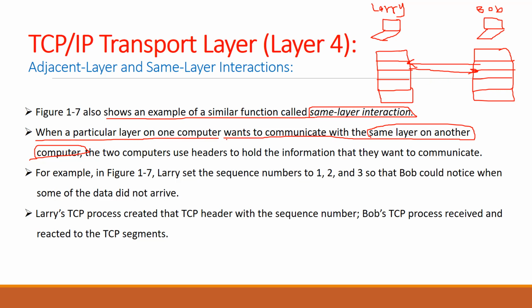So same layer interaction occurs between two different computers. But when the application layer here requested a service from the transport layer here, this is called adjacent layer interaction.